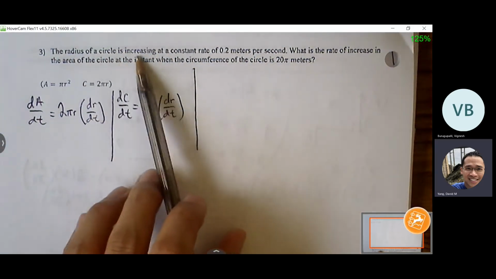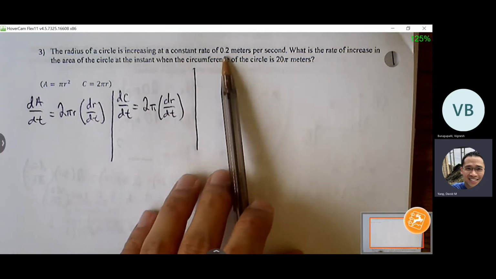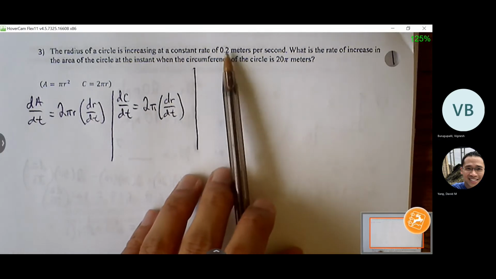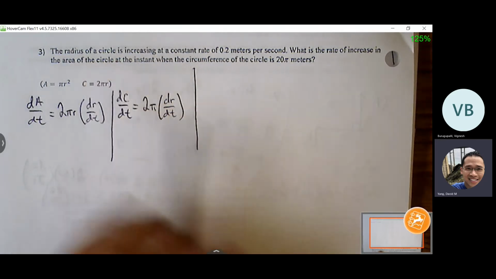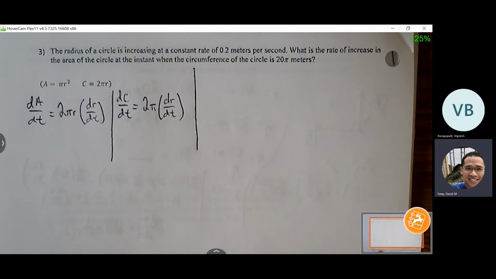Okay. The radius of the circle is increasing at a constant rate of 0.2 meters per second. What can we assign that to? Say it again. Is it dc over dt?